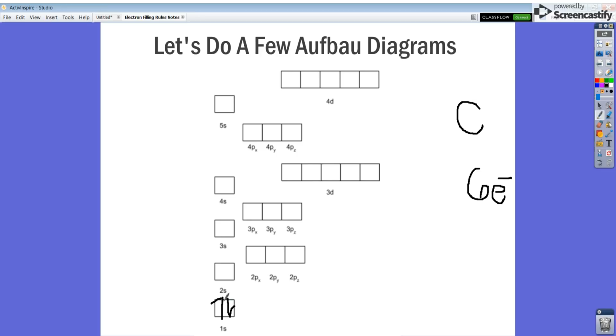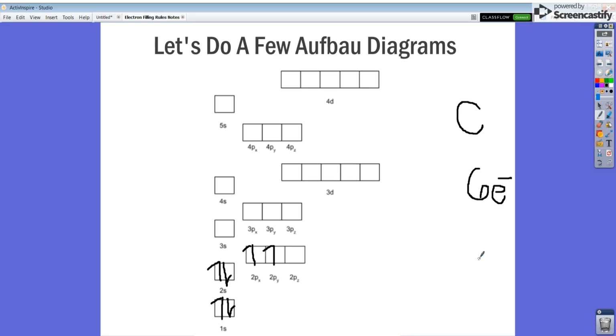I'm going to increase in energy, 3, 4, 5. Now I'm going to follow Hund's rule, and I'm not going to put my 6th electron in that 2px. It has to go over in the 2py, and it has to have the same spin orientation, 6.